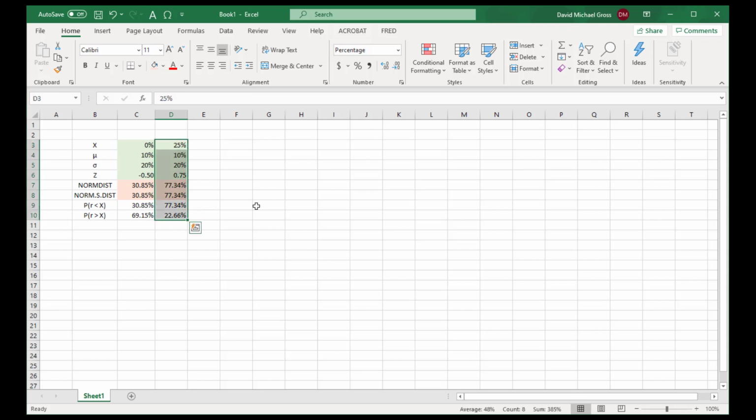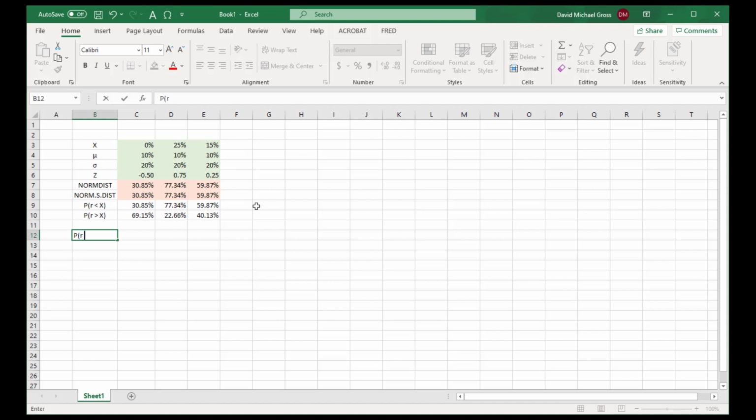And before we did that range where we said, what's the likelihood of a return between 15 and 25%? If I want to know the probability of the return being greater than 15% but less than 25%, well, I know the probability of the return being less than 25, and I know the probability of the return being less than 15, and so therefore, it's going to be this value.